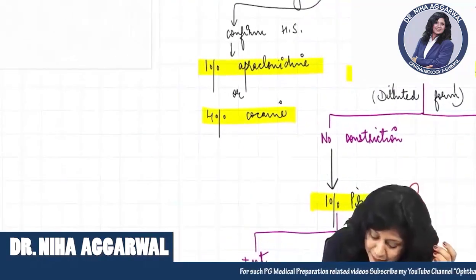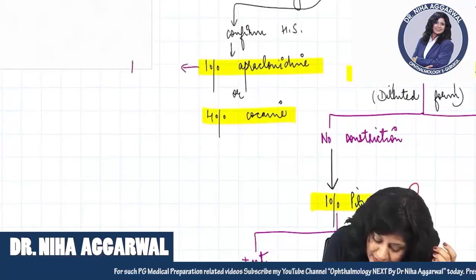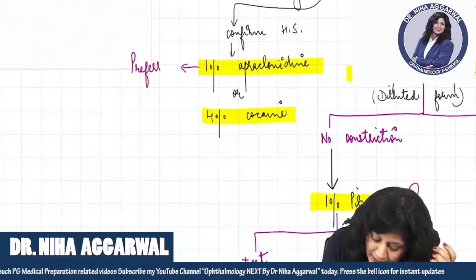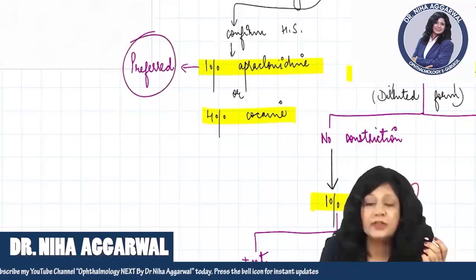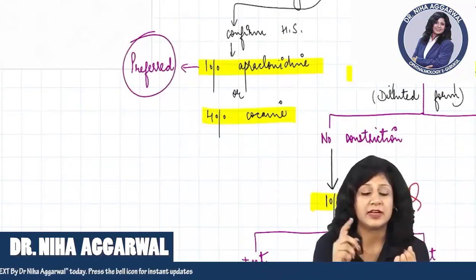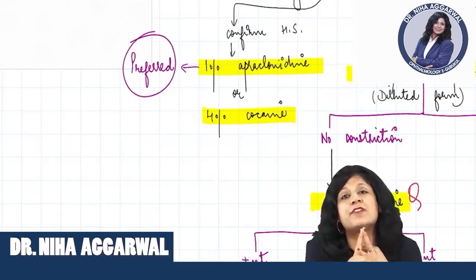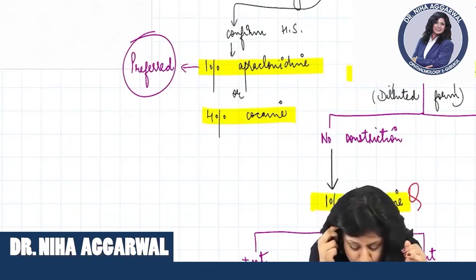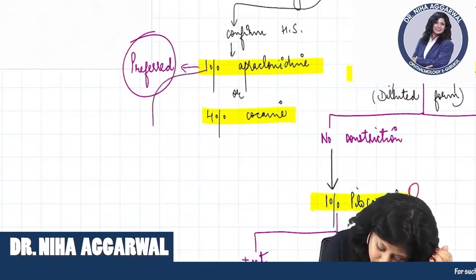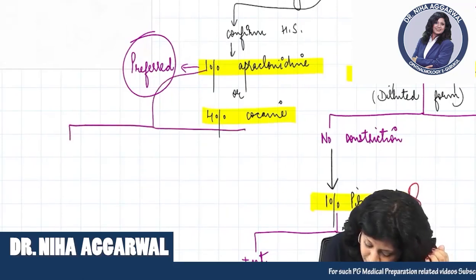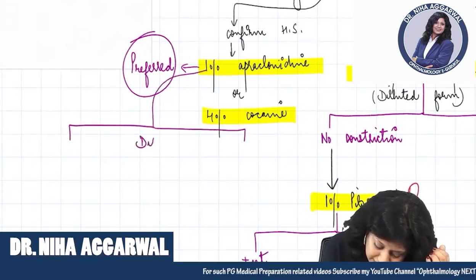Basically, apraclonidine is preferred. There are two reasons for it. First, it is not an abusive substance, and secondly, it is showing a positive response in Horner syndrome. If I give this apraclonidine, you look for the dilatation.